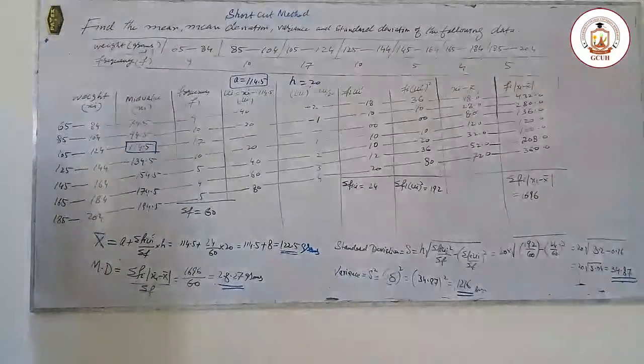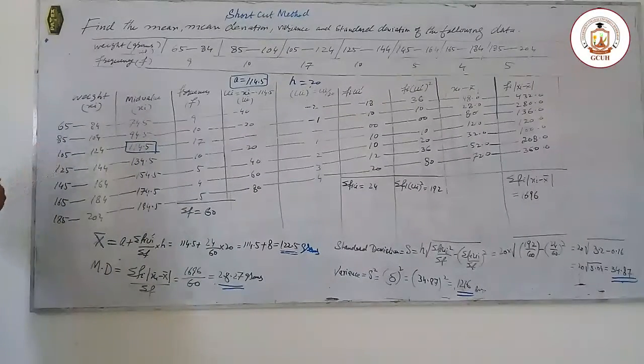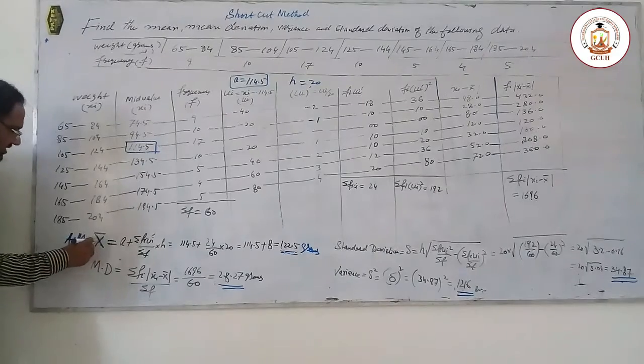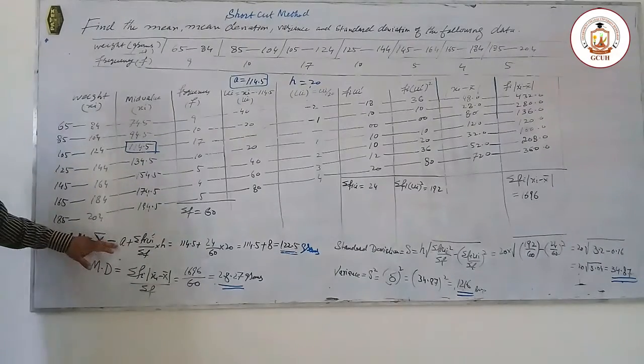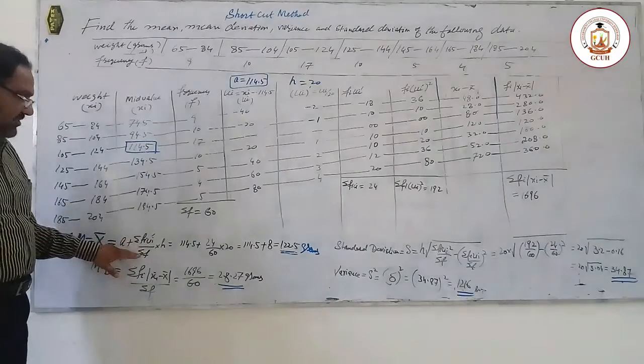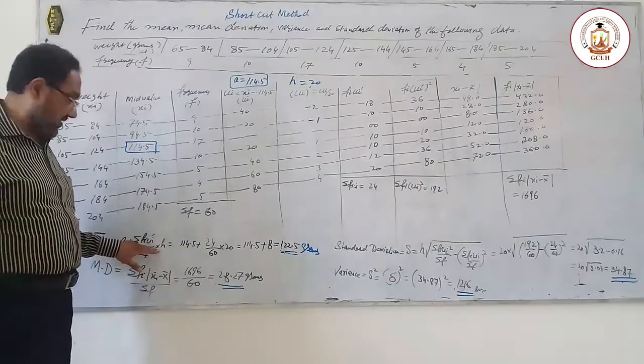Now we will go to our answer. So X bar, the arithmetic mean, is equal to A plus summation f u r h upon summation f, multiplied by h.